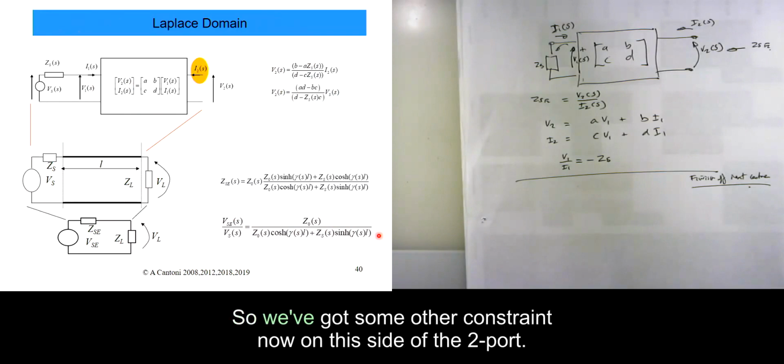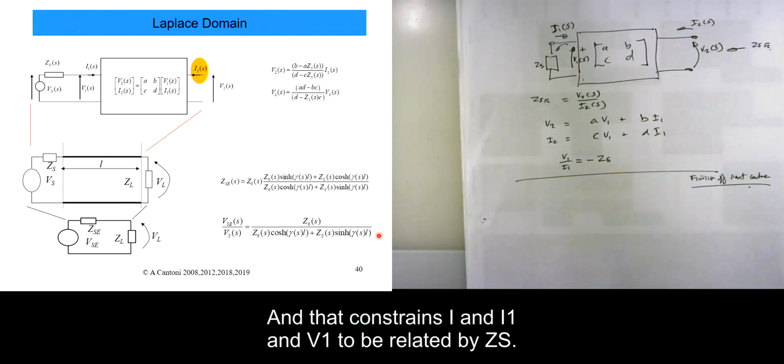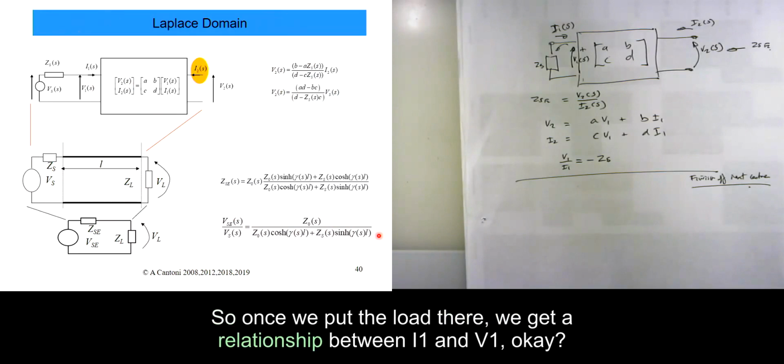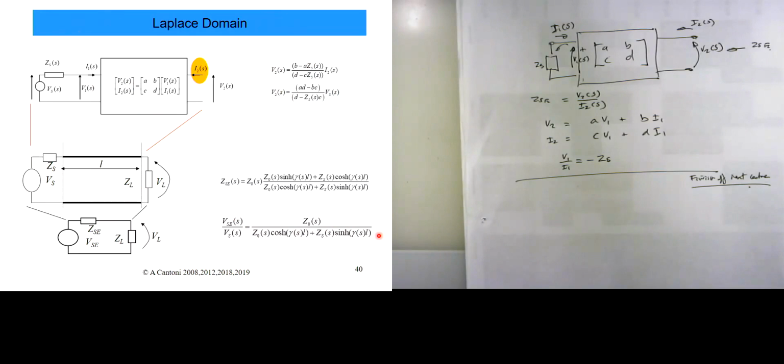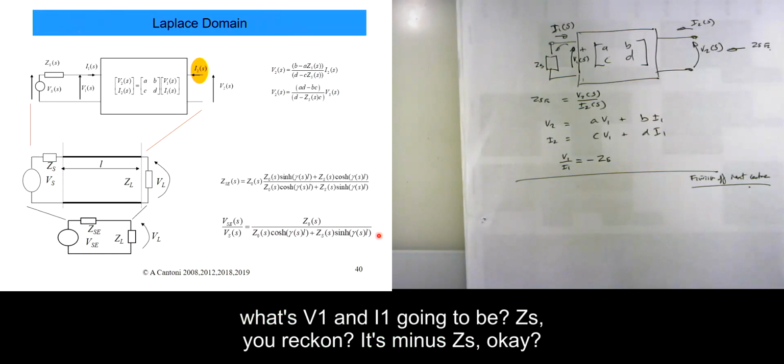We've got some other constraint on this side of the two-port, and that constrains I1 and V1 to be related by Zs. Once we put the load there, we get a relationship between I1 and V1. With the definitions of I1 and V1 like that, what's V1 on I1 going to be?